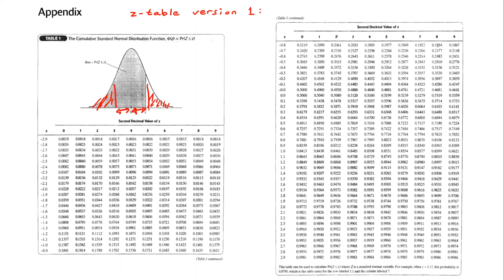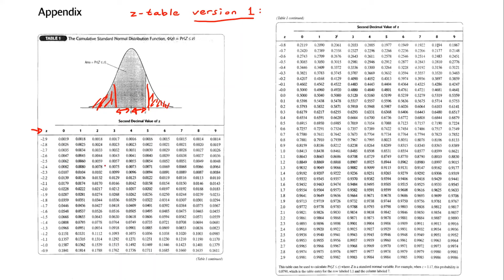So the way you use this version 1 of the z-table is you have the z number, the t statistic, and you would like to find the tail probability.